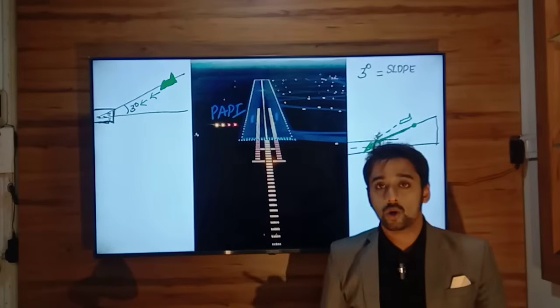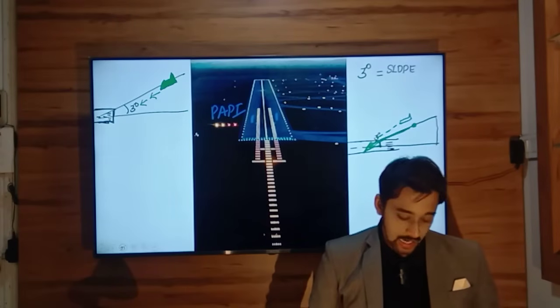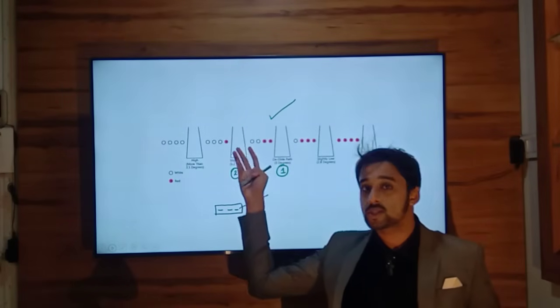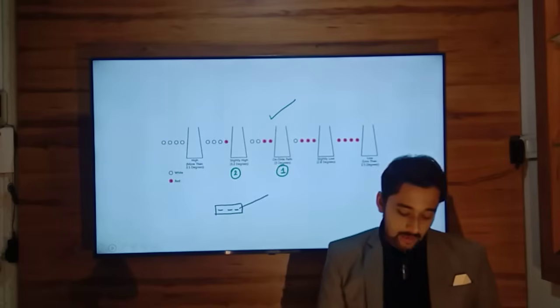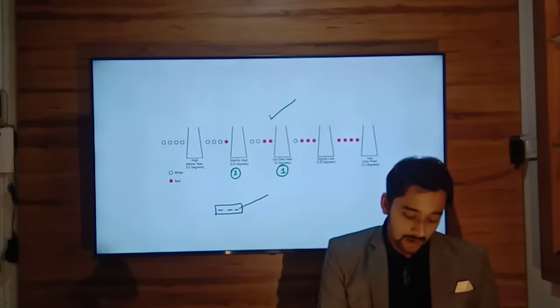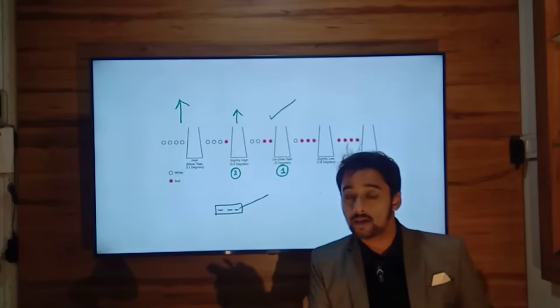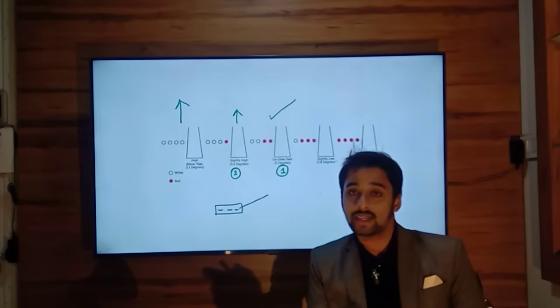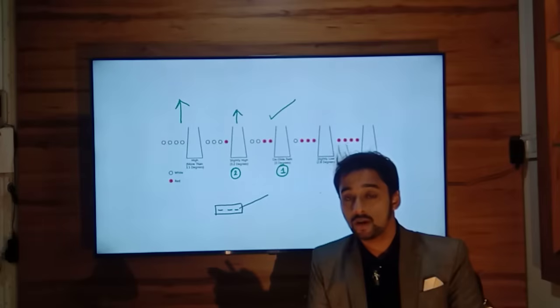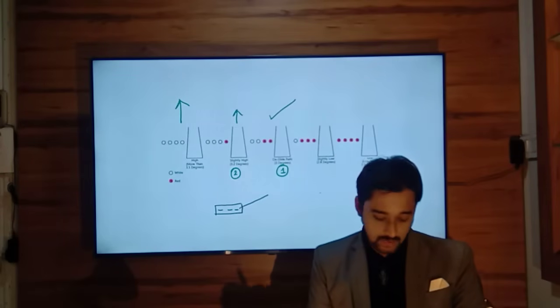In that case, your PAPI lights will change from 2 red, 2 white to 3 white, 1 red. And when you are too high above the glide slope, you will see all lights white in color. So slightly above, 3 whites; too high above the glide slope, 4 white lights.